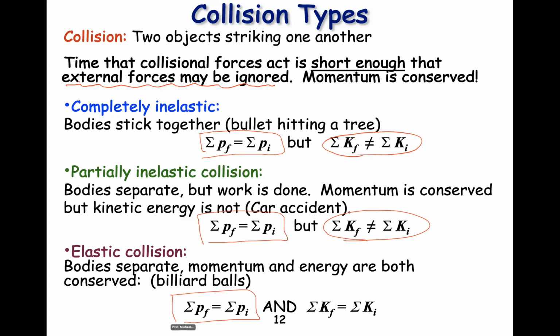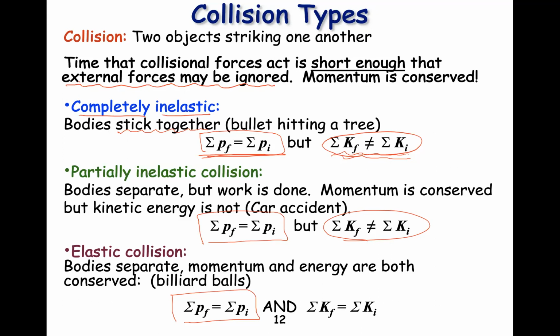So even if the objects stick together, like a bullet embedding itself in a tree or two cars locking together in a collision, the nickname for that is a completely inelastic collision. Okay, even in those cases, net momentum, total momentum, is conserved, even though a large amount of the kinetic energy is lost.